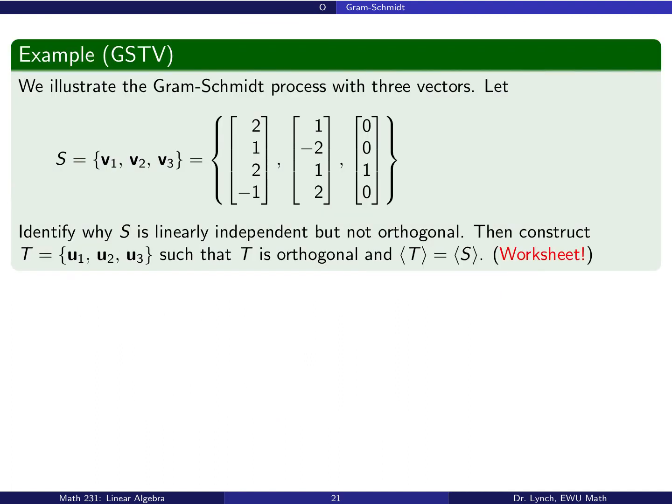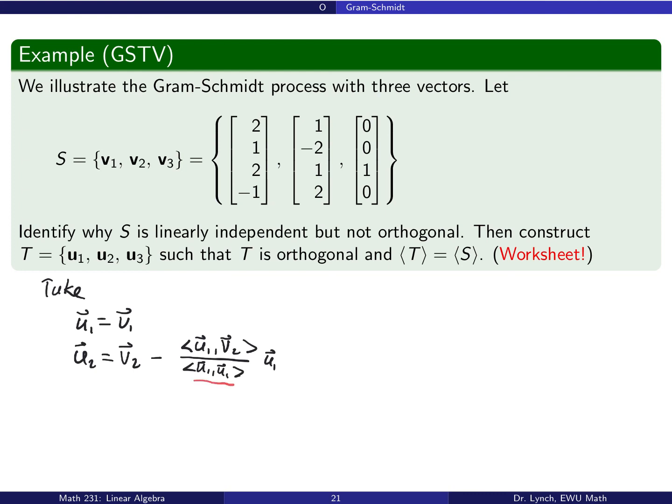Here's an example of a set. It turns out that this set is linearly independent but not orthogonal. I'll go ahead and let you work that out. But we'll go ahead and use the Gram-Schmidt process to cook up an orthogonal set. So the first thing we do is we set U1 equal to V1. Then we set U2 equal to V2 minus a scalar multiple of U1.